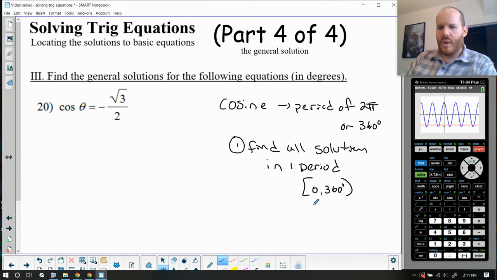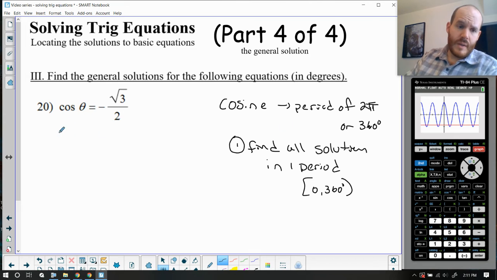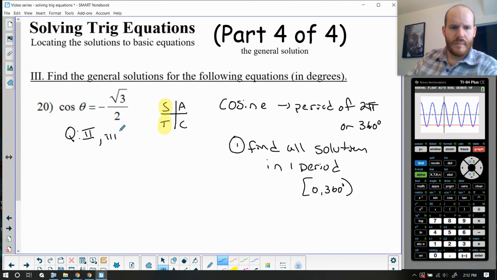Then I'll get all of the repeated values by looking one period later. We'll start by identifying the quadrants in which cosine is negative. Cosine will be negative in quadrant 2 and 3.